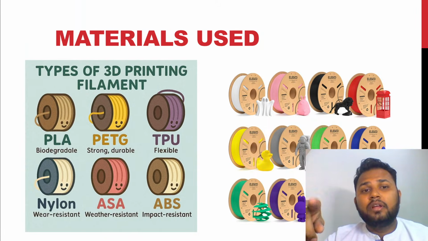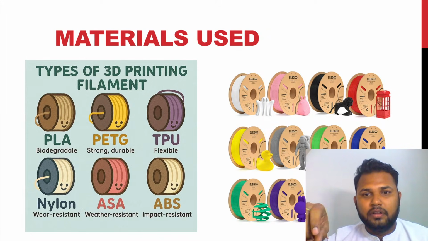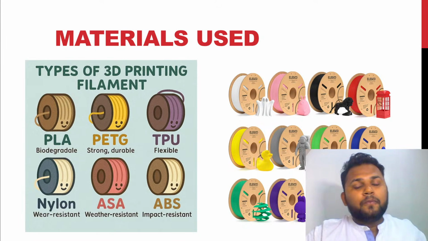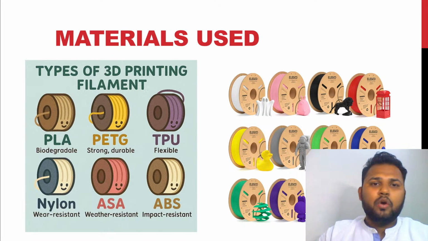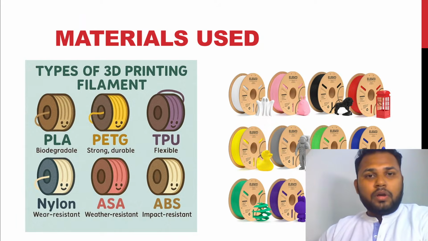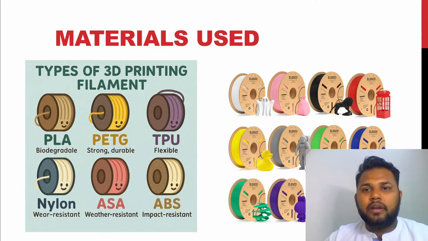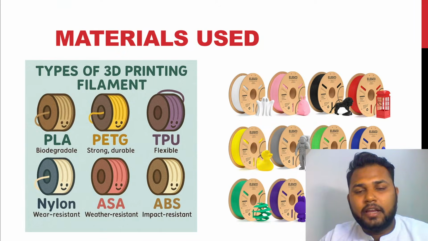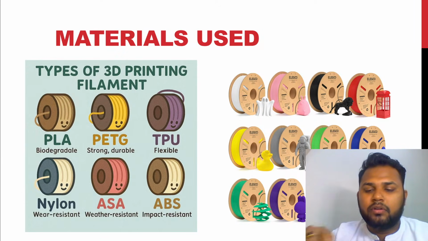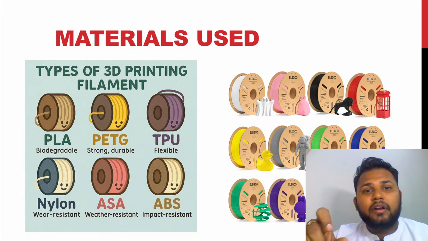There is also another FDM machine which is called a high temperature FDM machine, which starts its temperature range from 400 degrees centigrade. So you can just imagine how much temperature is used to melt that material. And also it is the strongest material.